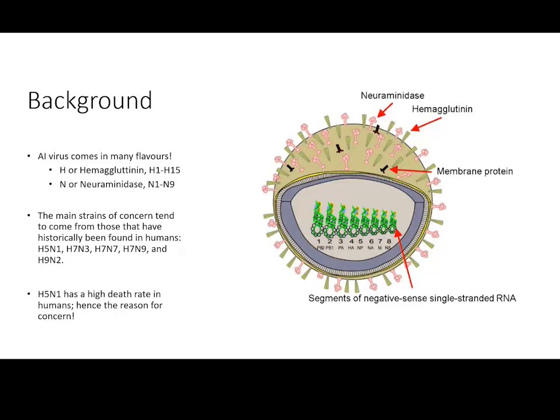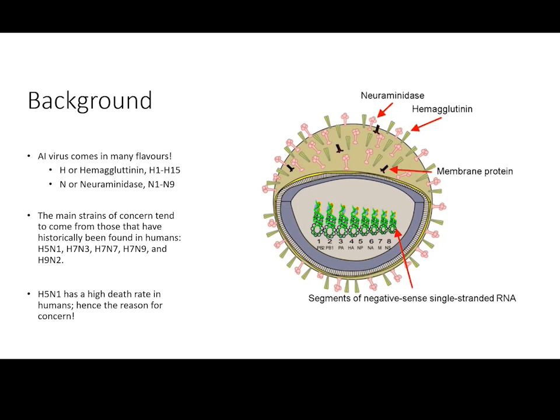In terms of the concerns to do with avian influenza, a lot of it is to do with how avian influenza might find its way into the human chain of life. Historically there have been strains found in humans, of which the main concern is H5N1.